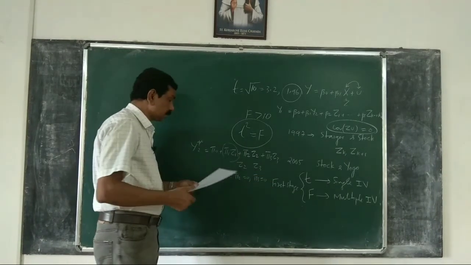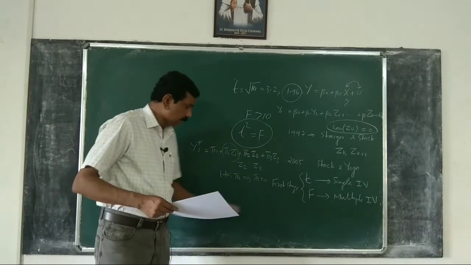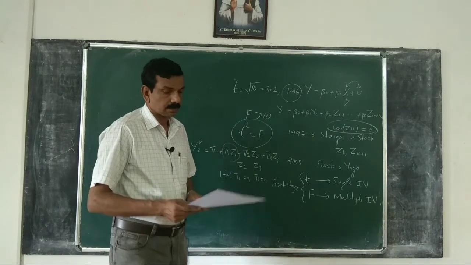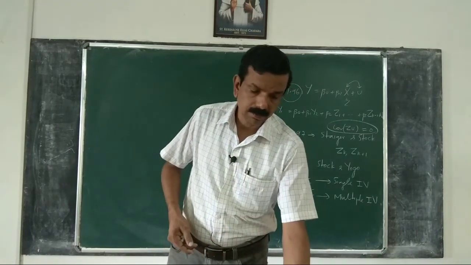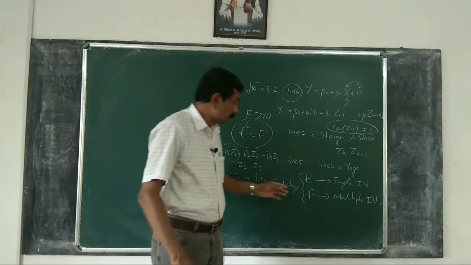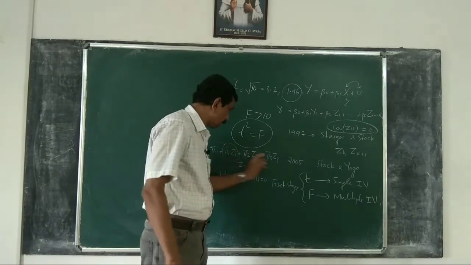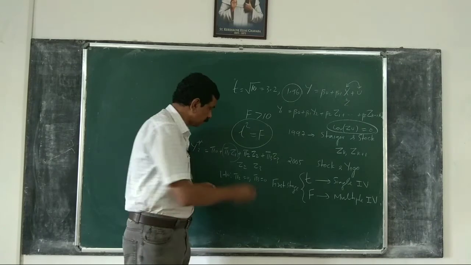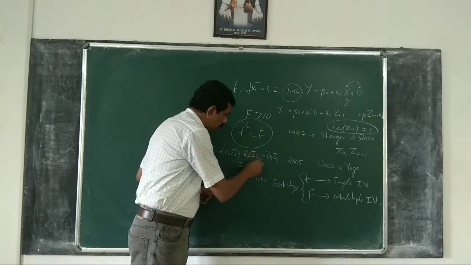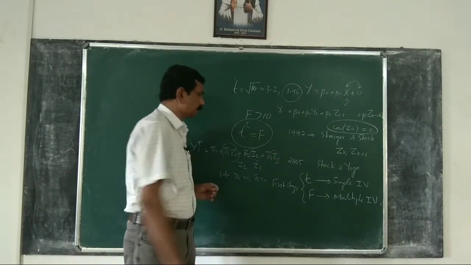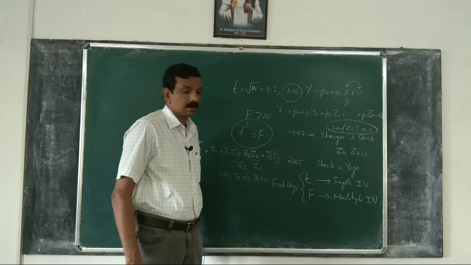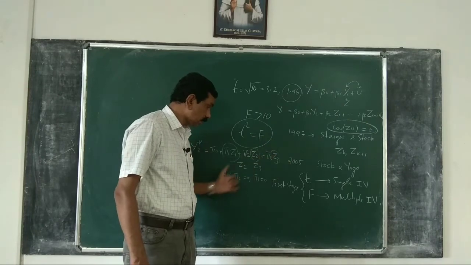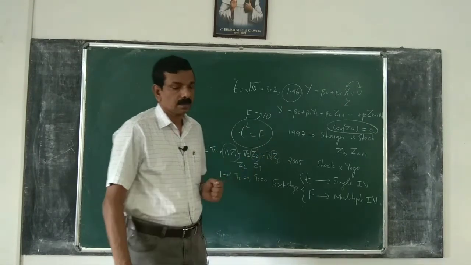To reject this joint hypothesis, F should be greater than 10. And remember this, we are not considering the overall significance here. For calculating F, we consider only Z2 and Z3. We will not consider Z1. So we are not testing the overall significance.